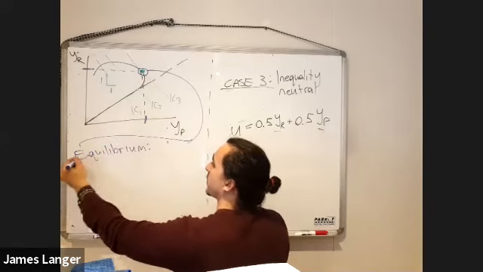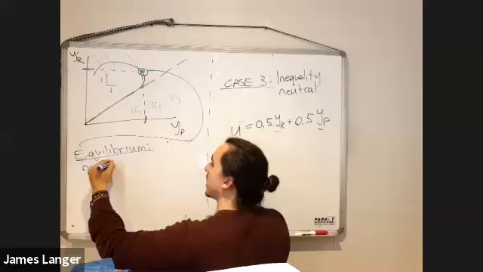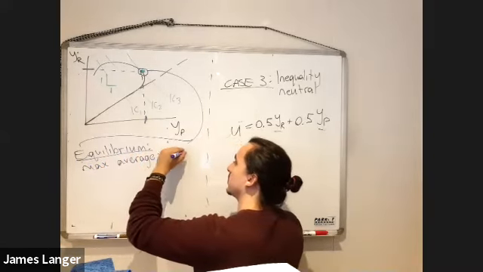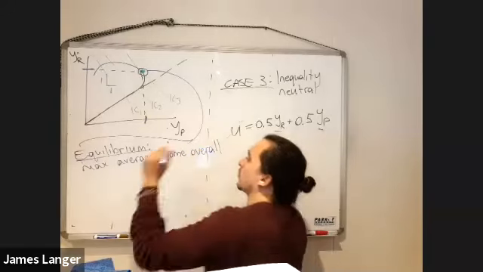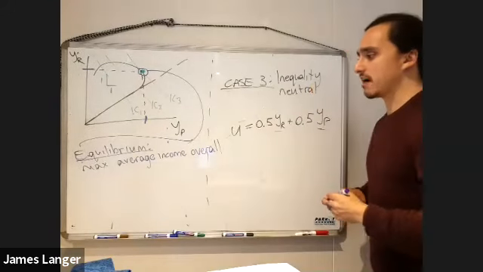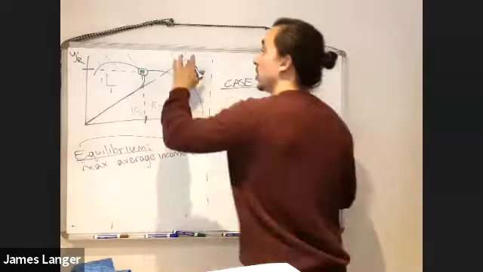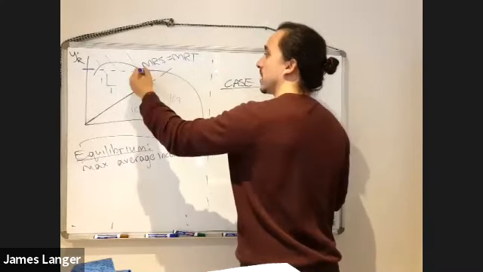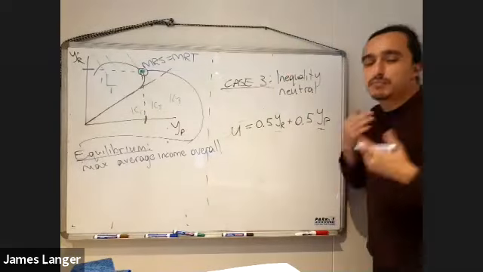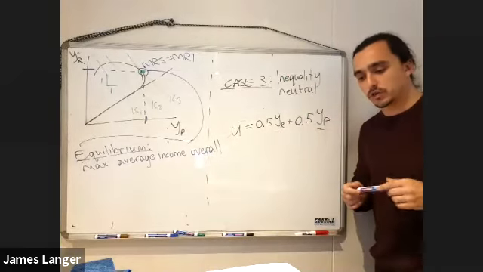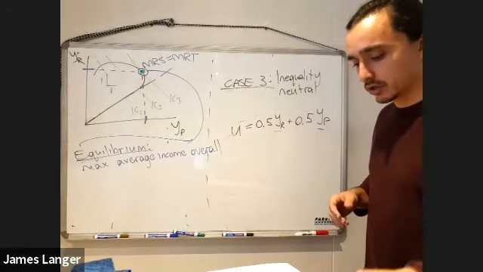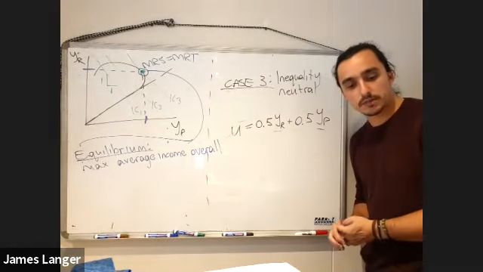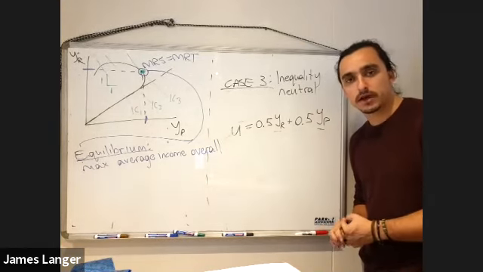And our equilibrium here is maximum average income overall. And remember, how do I know that's equilibrium? Because my MRS is equal to my MRT at this point, because we've reached the highest indifference curve, which means we've maximized total utility. How's everyone doing? Are there any questions? Please let me know now.